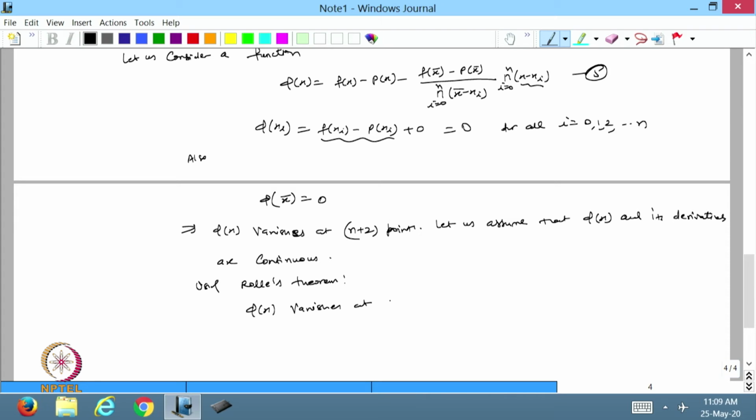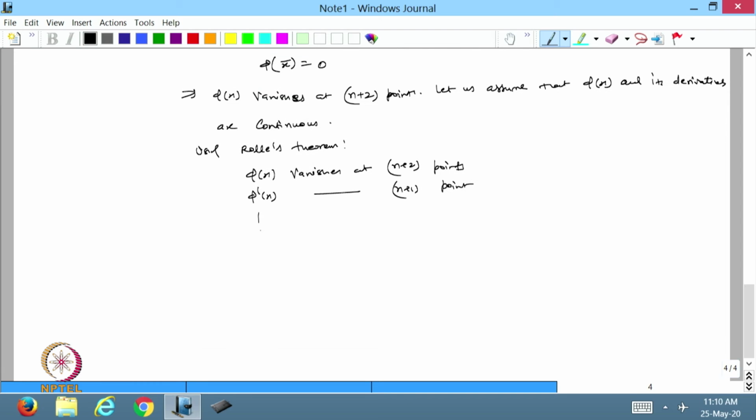Phi(x) vanishes at n+2 points, phi'(x) vanishes at n+1 points. I am taking the derivative of this one, and so on. So from here I take phi^(n+1)(x), the (n+1)th derivative, that vanishes at least at 1 point.